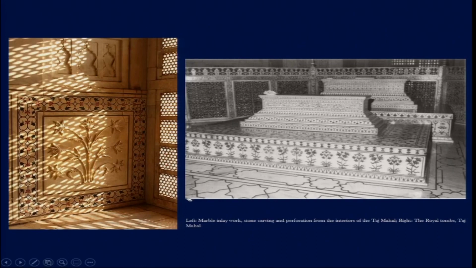And then this symbolism of the garden also played a very important role if we see the graves of both Shah Jahan and Mumtaz, for example here. In the graves, these are incredibly ornamented, and they are meticulously made.